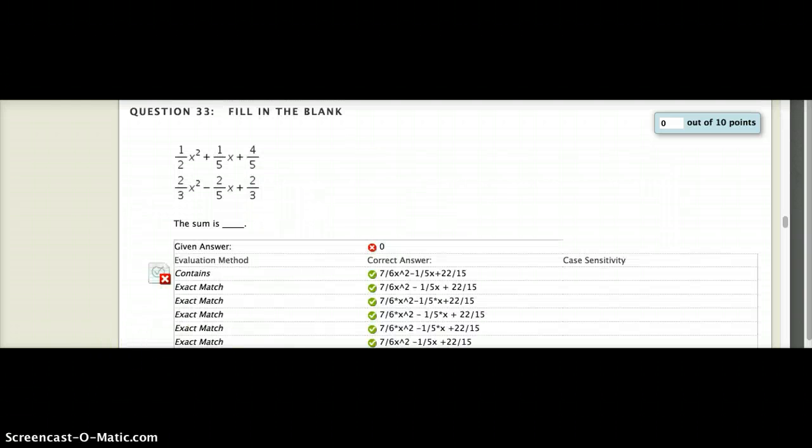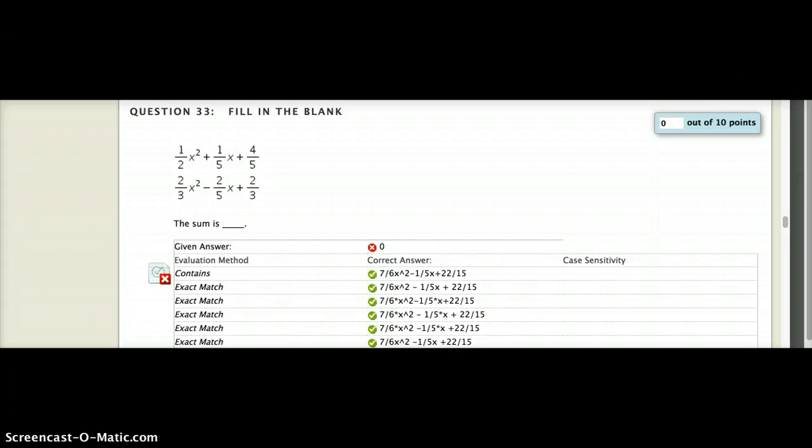Alright, so now we're going to look at question 33. What it's asking us is to add these polynomials together. So the top row is the first one, and we want to add that to the second one. So we have 1/2 x squared plus 1/5 x plus 4/5.